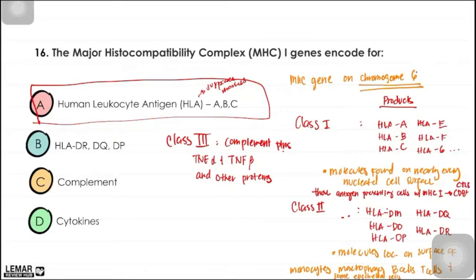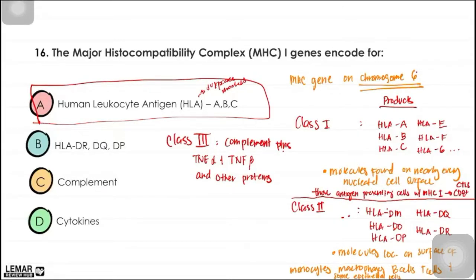While in your class 2, these are your products, your HLA-DM, HLA-DO, DP, DQ, DR. So these molecules are located on the surfaces of the monocytes, macrophage, B cells, activated T cells, dendritic cells, Langerhans cells, and some epithelial cells.